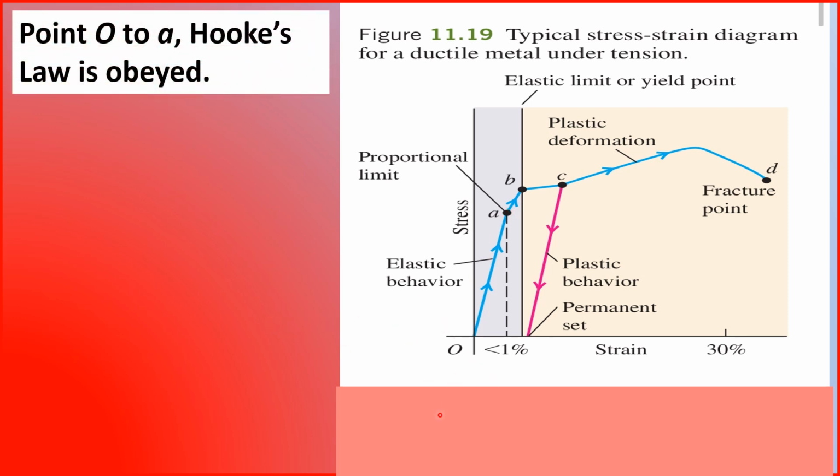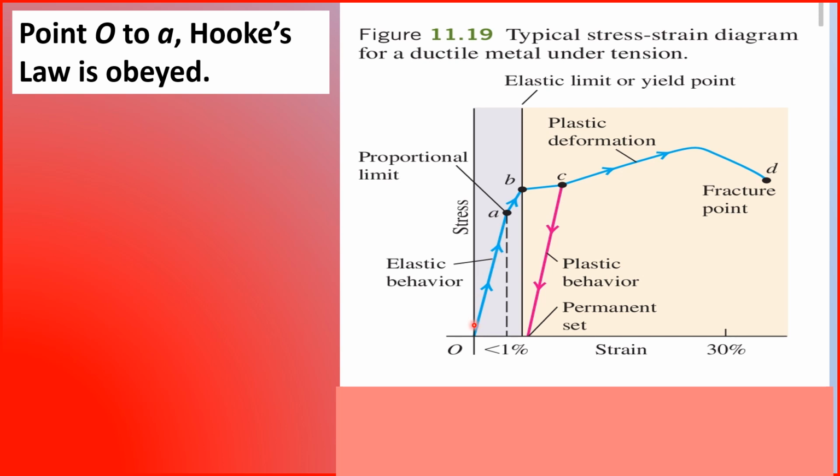From point O, this is point O. Point O means zero strain and zero stress. So from point O to point A, we say that Hooke's law is obeyed. And if you notice, the graph line is a straight line sloping upward to the right.